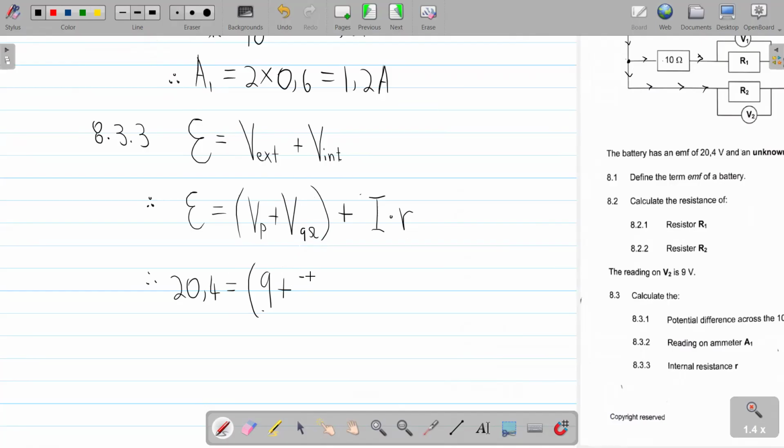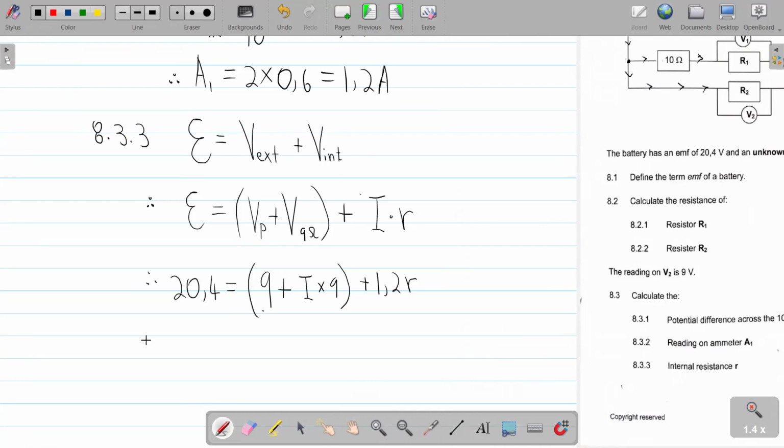For the 9 ohms, we say I multiplied by 9, plus the I, which is 1.2, multiplied by R. And then we multiply the 1.2 again.